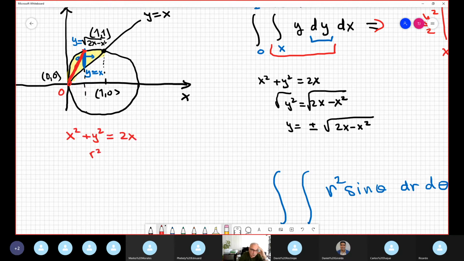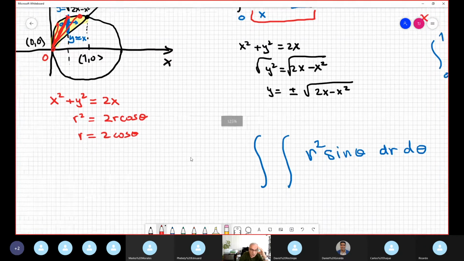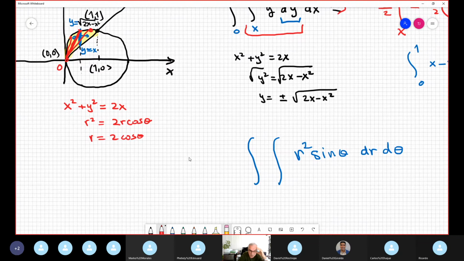This is r squared, I did before this, r cosine theta. So you cancel out one r. r is equal to cosine theta. Okay, this is the r. This distance, by the way, is not constant, it's a variable, depending on the point here, different r, depending on theta in this relationship. So I set up the limit from 0 to cosine theta.